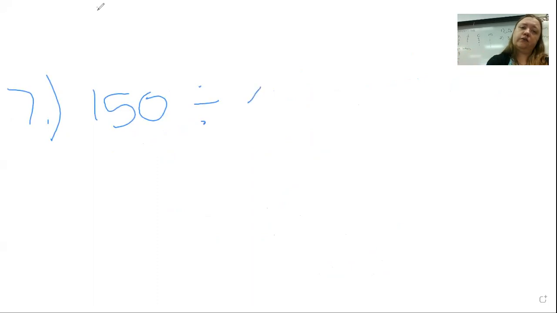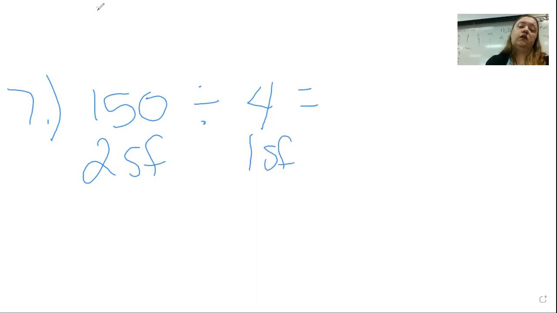A harder one is number 7. 150 divided by 4. We have 2 significant figures in 150 because that 0 is trailing without a decimal. So that 0 is not significant. And then obviously 4 only has 1 significant figure.